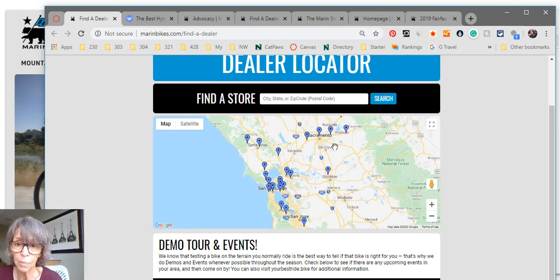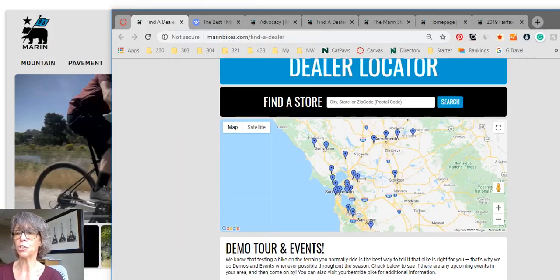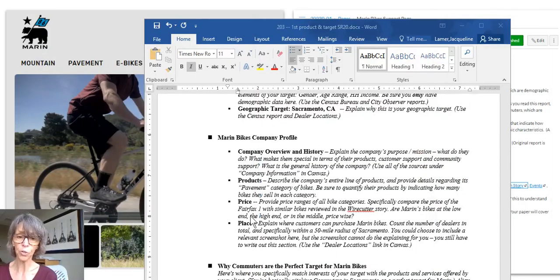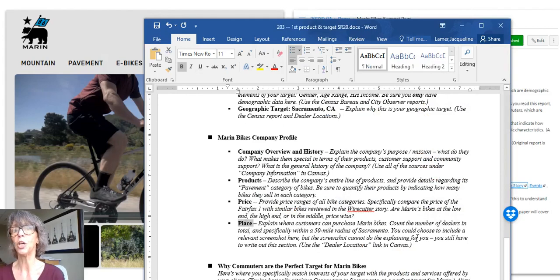Like this is Robbie's Bicycle, Bison Bikes, Bob's Cycle, Breakaway Bikes. The reason I'm doing this is to give you the idea that this bike is sold not just at Marin stores, but at bike stores that sell a variety of different brands. So in this section of your paper, where you're talking about place, this means where are the bikes sold?